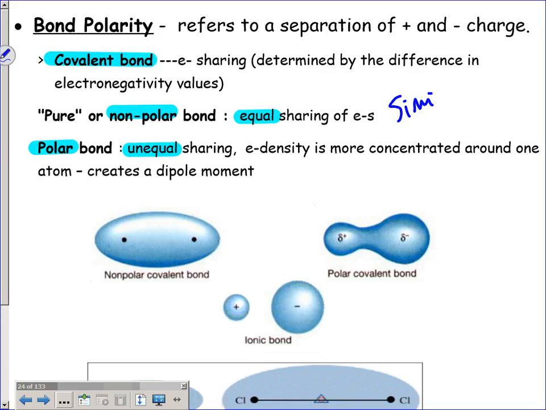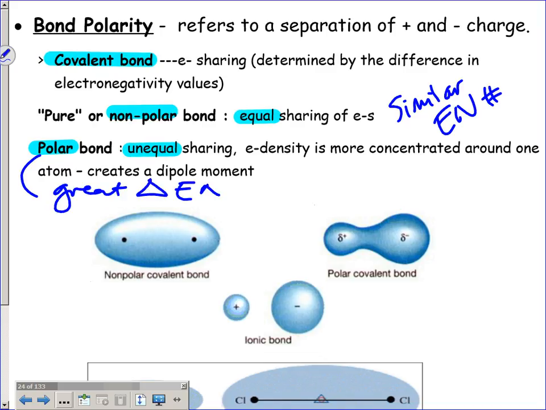Similar electronegativity gives us the likelihood of sharing equally, because neither one pulls the shared electrons harder toward itself. So what would create unequal sharing in a covalent bond? A great difference in electronegativity. They're still sharing, but one pulls the electrons closer due to its higher electronegativity value.